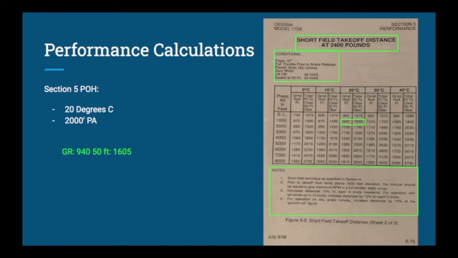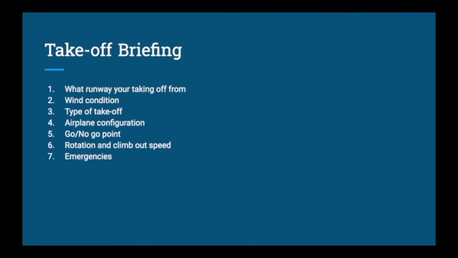We'll never take off with a tailwind. You'll always take off into wind with a headwind. If it's a 9-knot headwind, your ground roll and your 50-foot distance are going to be reduced by 10% each. And we can do the math to calculate how it's going to affect the numbers if we only had a 5-knot headwind or a 10-knot headwind.